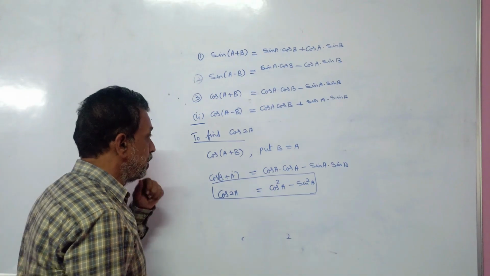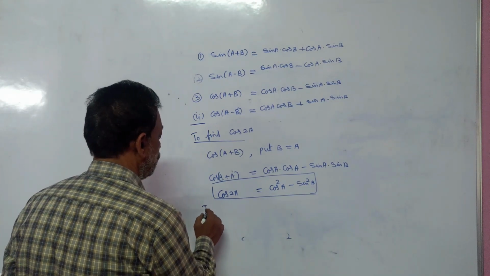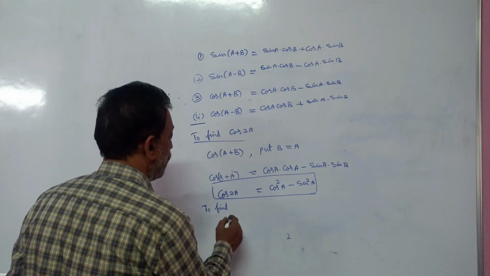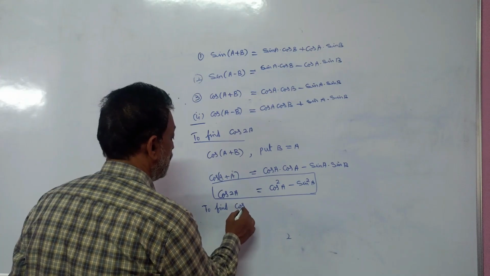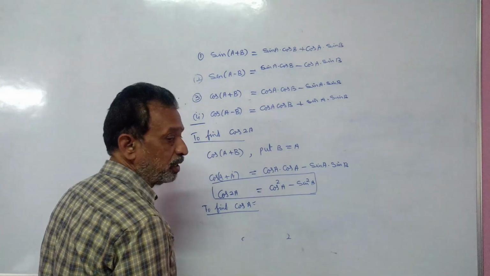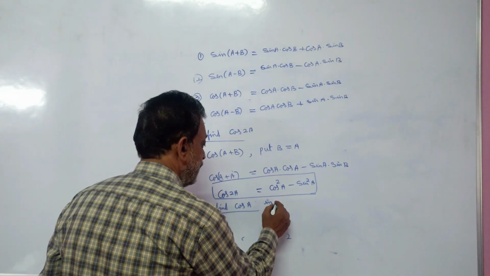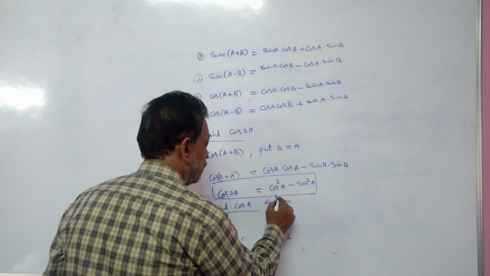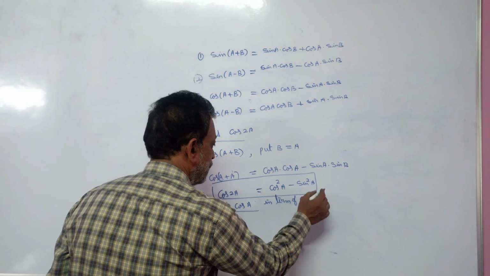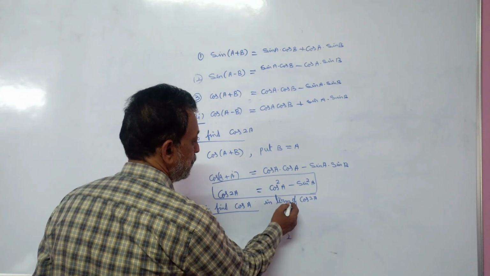Okay. Now, so to find cos A in terms of cos B, cos A in terms of cos B. Now, how is that?